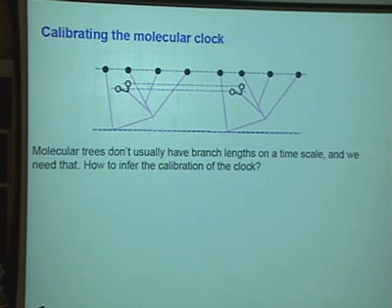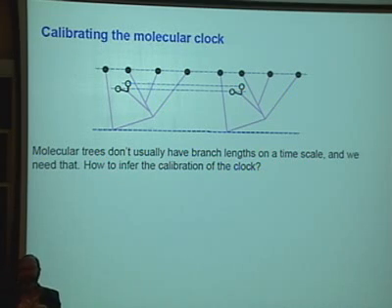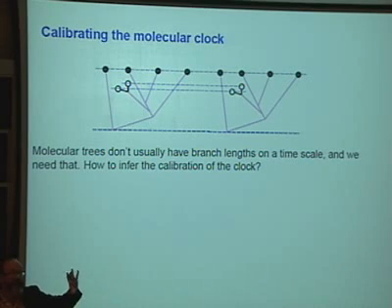But anybody who's done molecular trees knows that you come up with a tree that's got branch lengths, but it doesn't have time. It has branches that might be 0.02 long, but the question is 0.02 units of what? Well, that's 0.02 units of change per site in DNA, but you'd have to make that into time, you'd have to have some kind of calibration of DNA change with time.